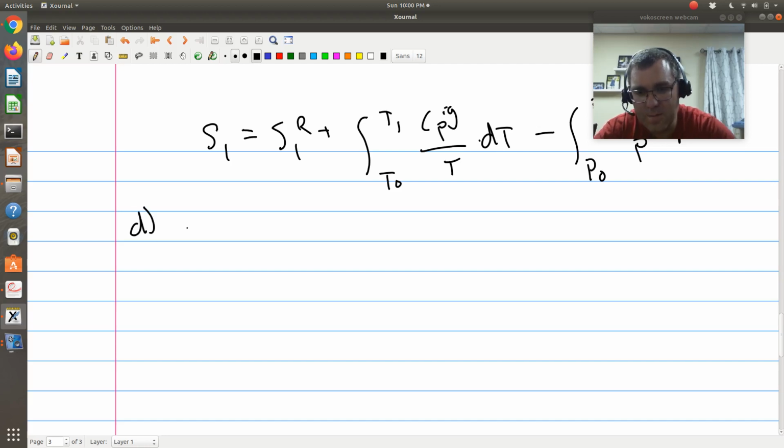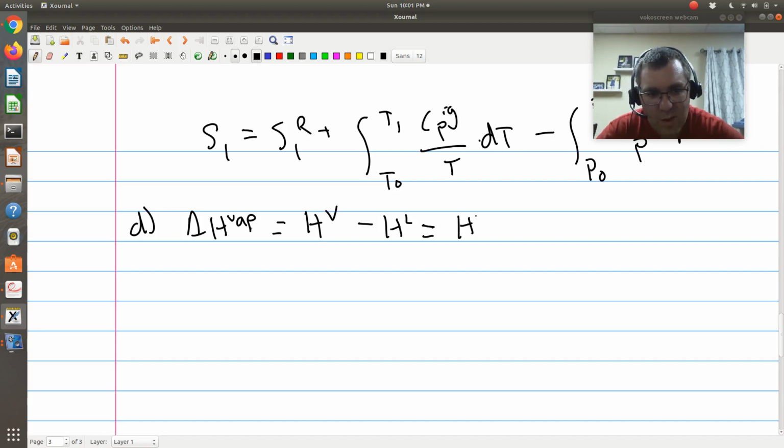D, if we start with delta H of vaporization, delta H of vaporization is going to be equal to the enthalpy of my vapor phase minus the enthalpy of my liquid phase. Now let's break this up again. Remember enthalpy can be written as a sum of a residual and ideal gas term. So this will be HV residual plus HV ideal gas, and actually let's group it just like we did before.